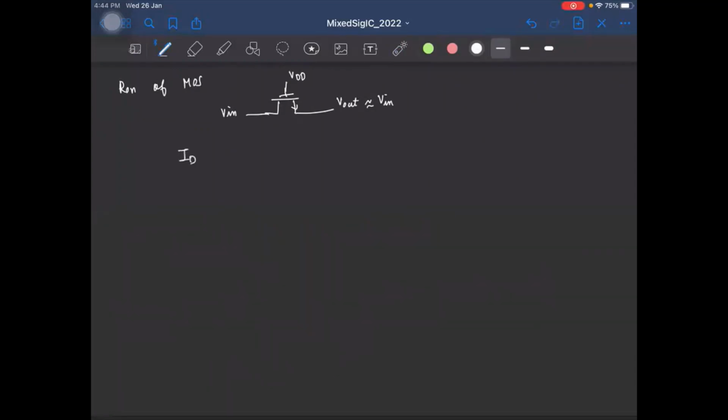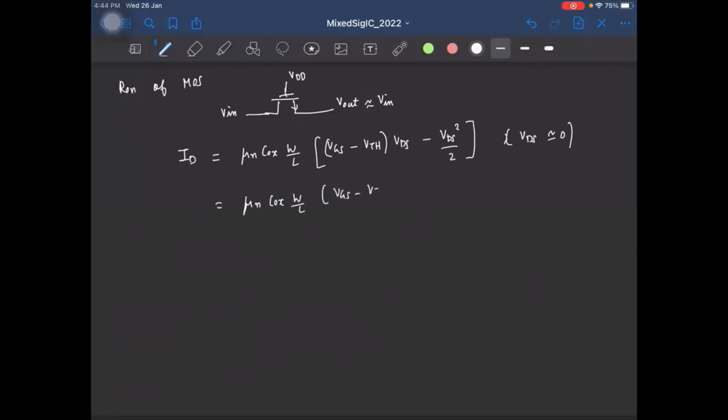Since the MOSFET is operating in the triode region, the current is mu n COX W by L times VGS minus VTH times VDS minus VDS squared by 2. And of course, since V out is roughly equal to V in, the drain to source voltage is almost equal to 0, so I can simplify this to mu n COX W by L times VGS minus VTH times VDS.